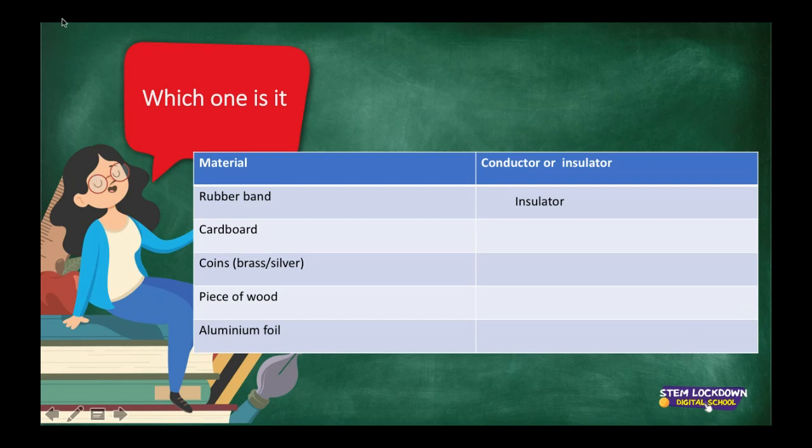Right, I'll just wait for those answers to come in. All right, so cardboard is also an insulator.